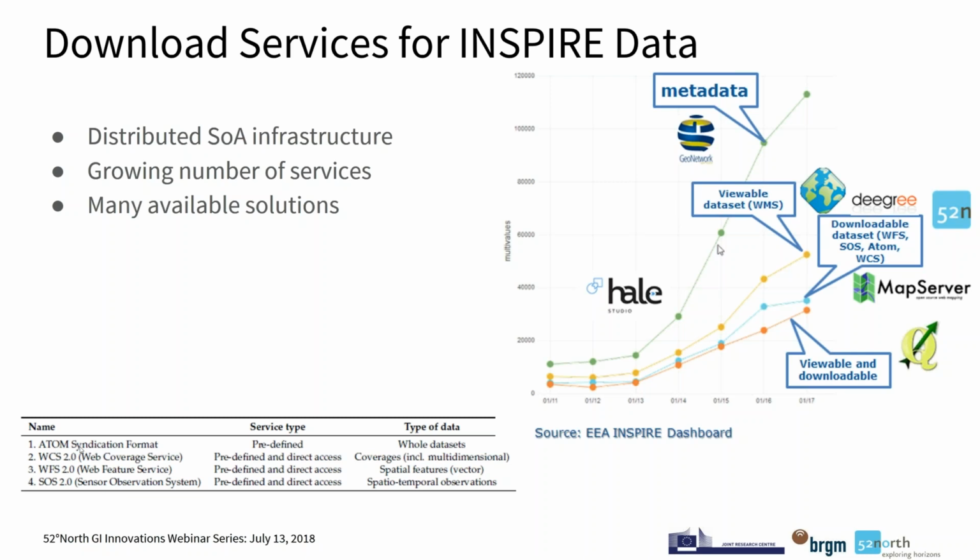So implementers can choose between atom feeds for their download service, web coverage service, if they are to be serving multi-dimensional coverage data, for example, web feature service for their features, so more of this static geospatial data. And most importantly, within the context of our webinar today, sensor observation service.